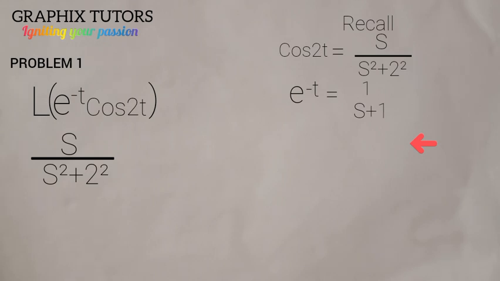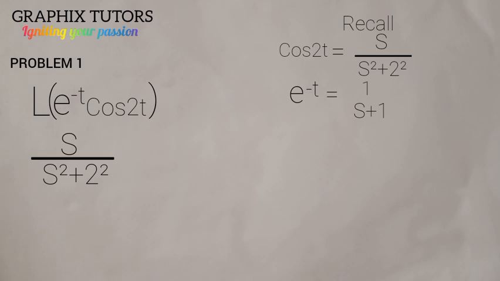The denominator here is s plus 1. So you now go back to our question here, where we have s all over s squared plus 2 squared. Anywhere you see s, you are going to put the denominator of e raised to power minus t, which is s plus 1. So anywhere I see s, I'll put s plus 1.